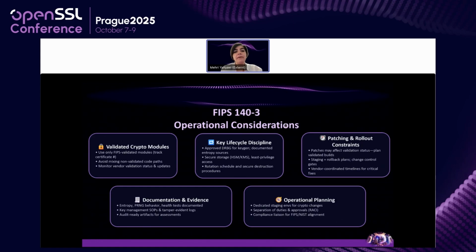Number 3 is plan patch rollout, because patches can invalidate FIPS validation. Number 4 is maintain strong documentation and audit trails. And number 5 is establish operational planning with clear roles, separation of audits and duties, and compliance oversight. This ensures both security and regulatory continuity.